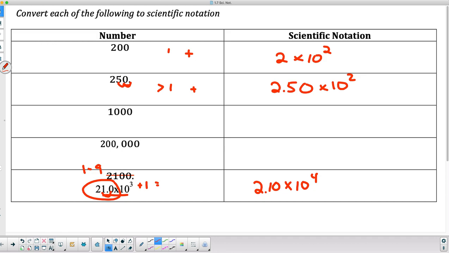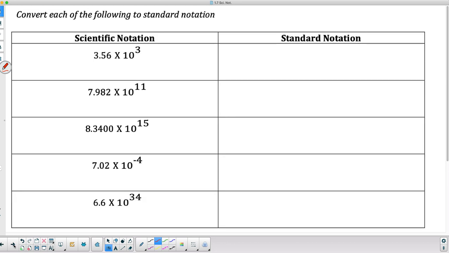Okay, good. Let's take a look at what happens when we go from scientific notation to regular notation. Okay, so here's the next part to this. I have a number in scientific notation. I have an exponent. This one's a positive exponent, which means I'm going to make this number larger, more than 1, and I do that by moving it 1, 2, 3 places to the right.